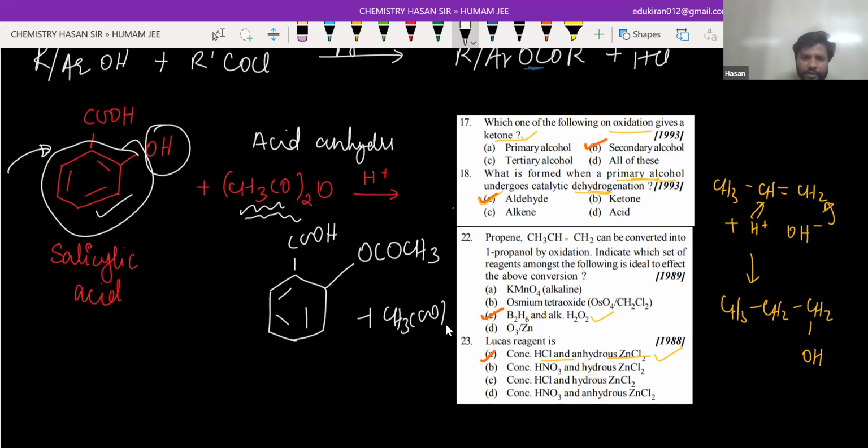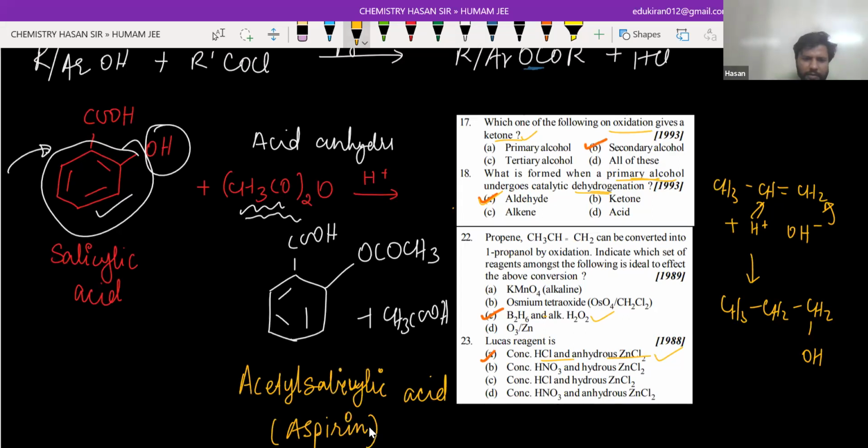This has a name, we call it acetylsalicylic acid, and it is used in a medicine that is aspirin. Write it. Then we will move to the next.